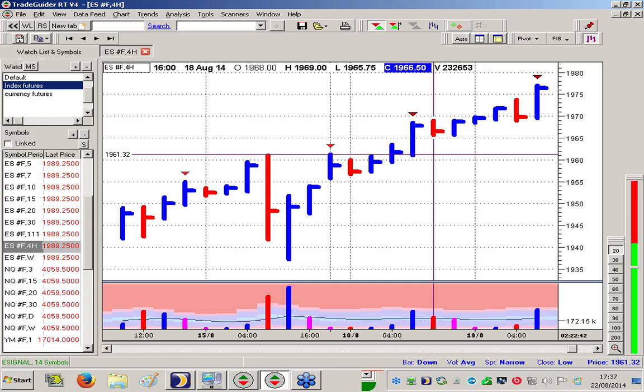Now let's see what the computer says about that. Right, so there's the test. Bar is down, yeah, fair enough. Volume is average, yeah, fair enough. Spread narrow, wow. So no pressure on the downside, that's why the spread's narrow.